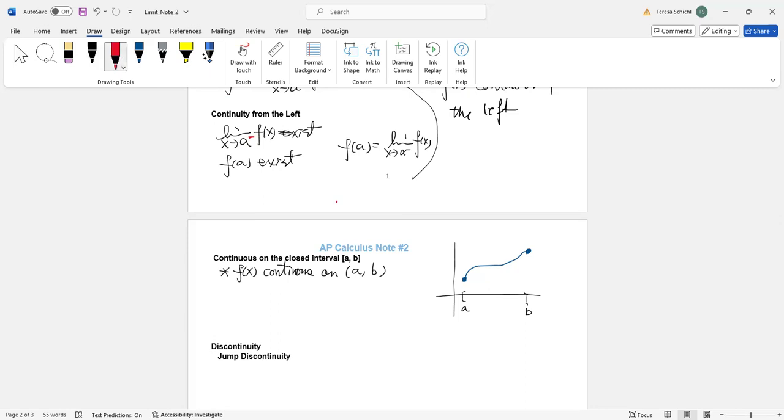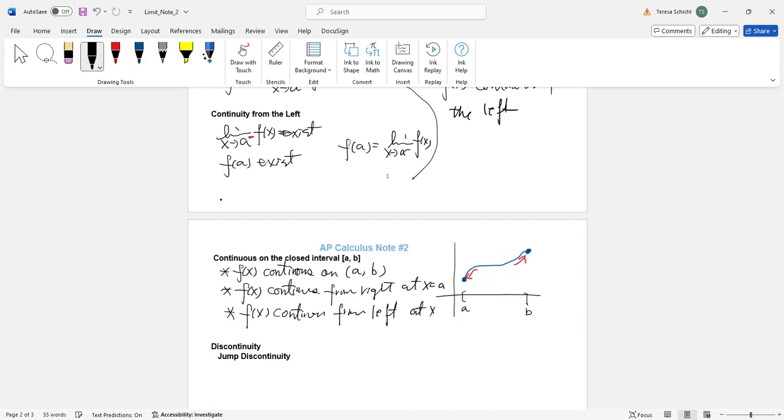Then for a, because I can only approach a from the right-hand side, we also need f of x to be continuous from the right at x equal to a. And I can only approach b from the left-hand side, so f of x is continuous from the left at x equal to b.